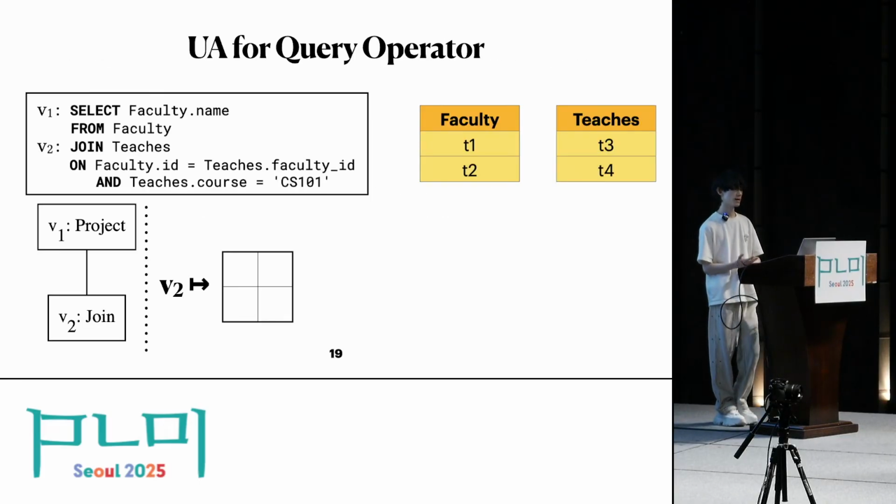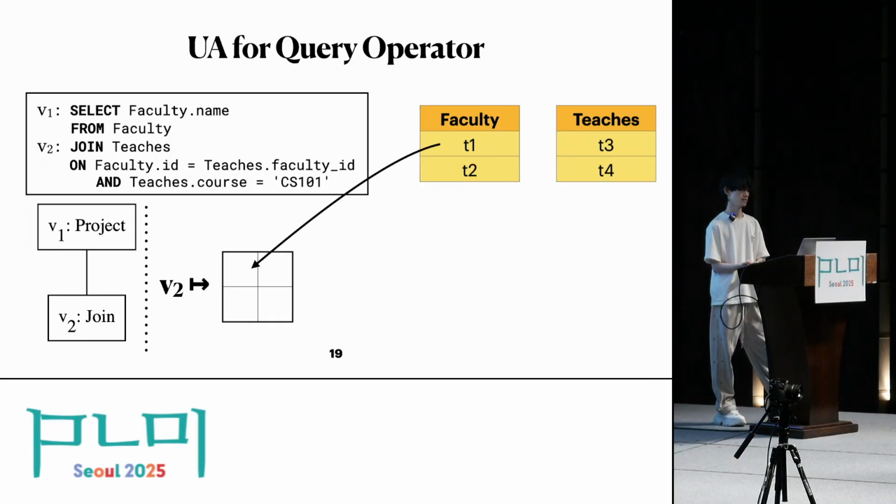Let me explain this in more detail. Let's start by understanding what the under-approximation actually means for a query operator. Take the join operator from Q1 as an example, which corresponds to the AST node named V2. The under-approximation V2 is represented as a 2x2 matrix, where each element of the matrix corresponds to a pair of tuples from the input tables.